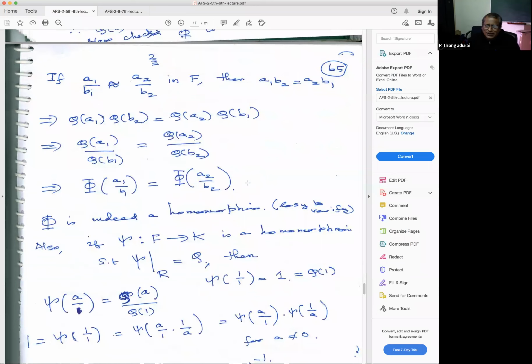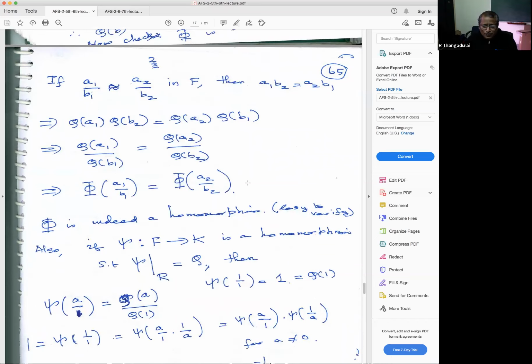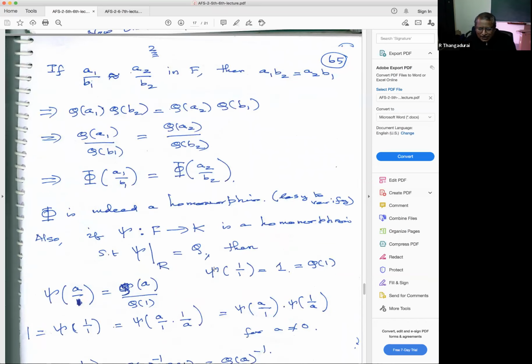And we want to prove the uniqueness part. Suppose there is any other ring homomorphism psi from F to K such that its restriction to R is little phi. Then we want to prove that this psi map is the same as the capital phi map. So how do we prove it? Since psi is a homomorphism, psi of 1/1 goes to 1 only, which is the same as phi of 1. So psi restricted to R is nothing but little phi.